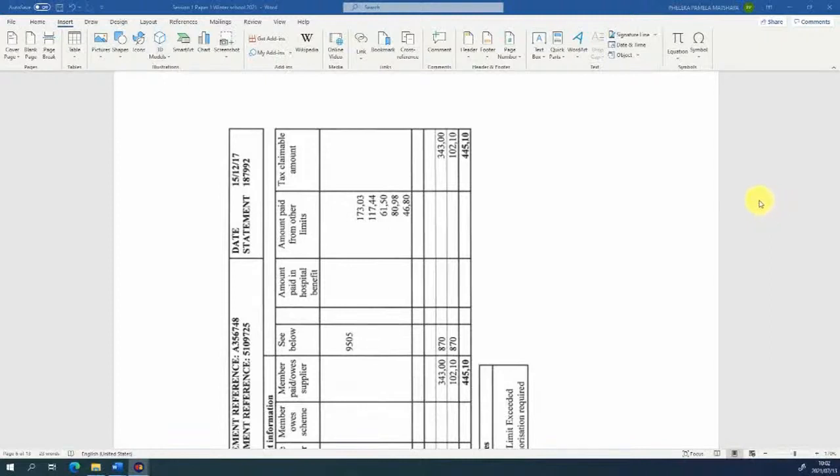Now, what does the code 870 mean? It means the overall limit is exceeded. Okay? The medical aid gives us a total amount to spend for the year. Say for example, for going to the dentist, you get 5,000 rand.